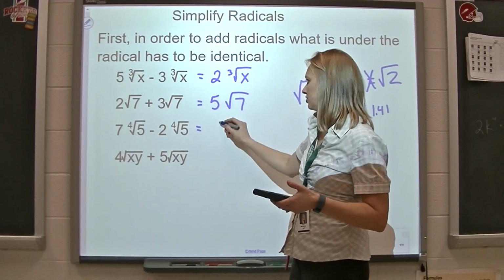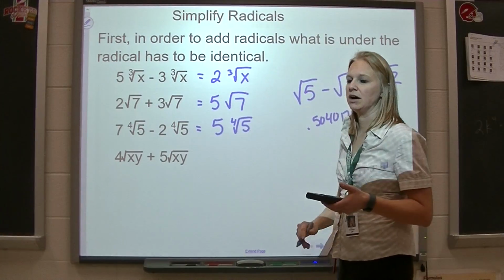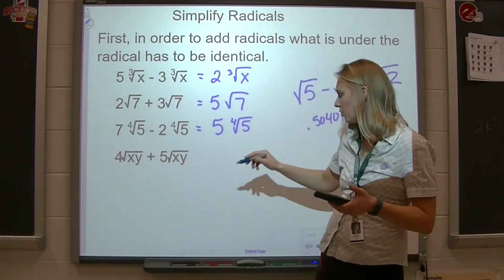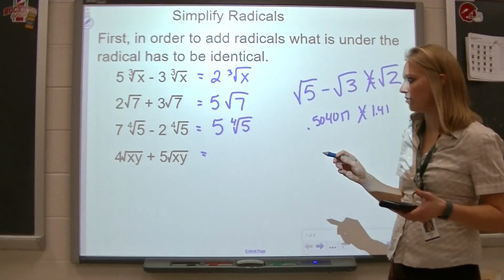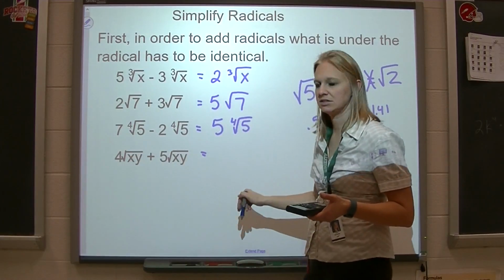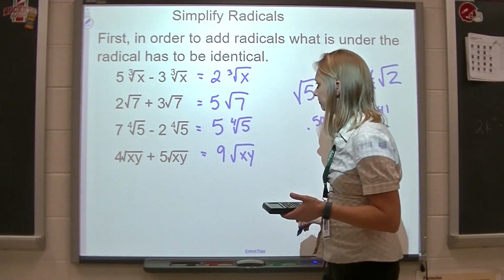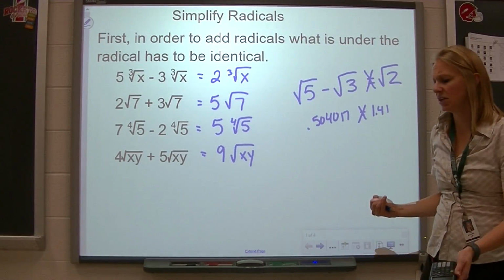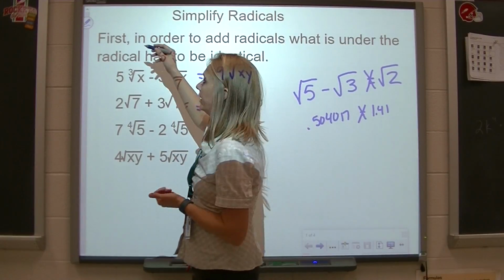So 7 minus 2 is 5, so this is going to be 5, 4th root of 5. Here, this is 4 radical xy plus 5 radical xy. What's underneath the radical, they're both square roots and they're the exact same, so that's going to go to 9 square root of xy.